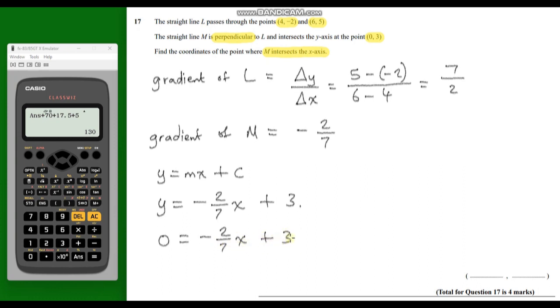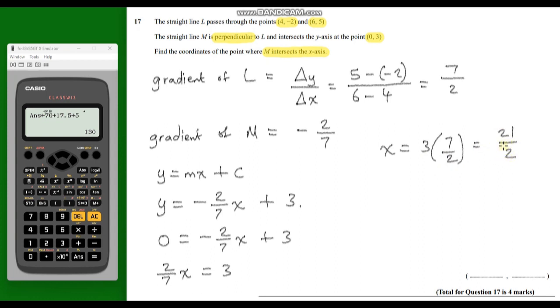So the first thing I'm going to do is add 2/7 x to both sides, just so I've got this as positive. So we're going to have 2/7 x is equal to 3. And now to get x on its own, I'm just going to multiply by 7 over 2, the reciprocal. So x is going to be equal to 3 times 7 over 2, which is equal to 21 over 2.